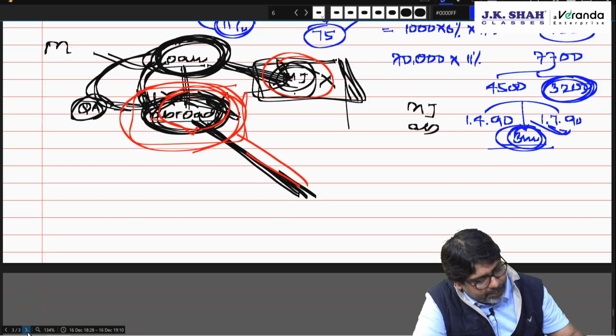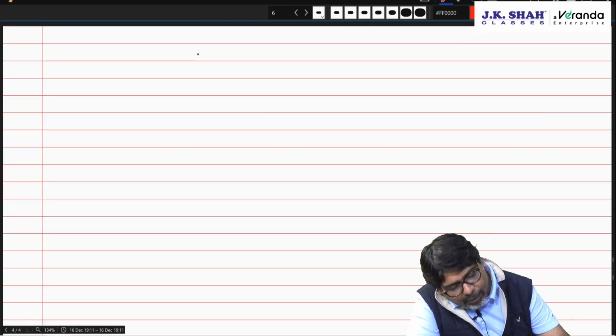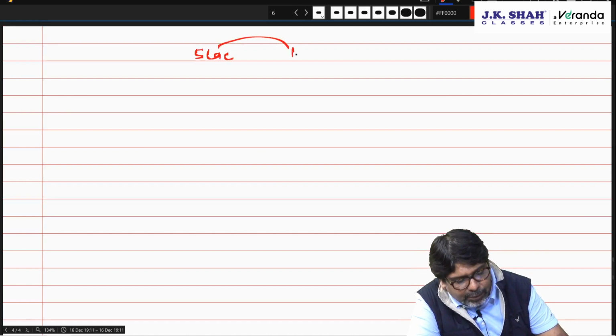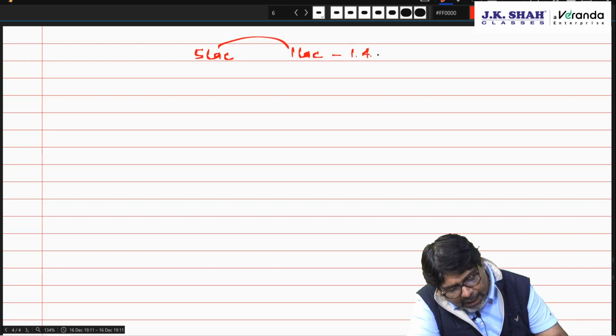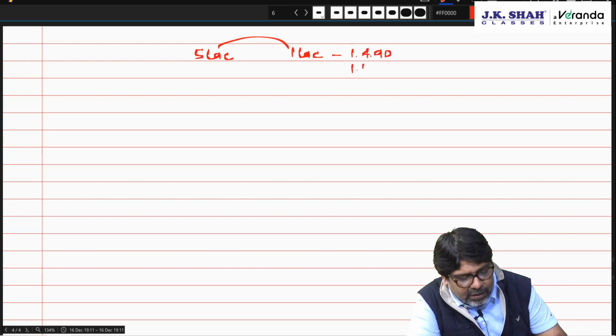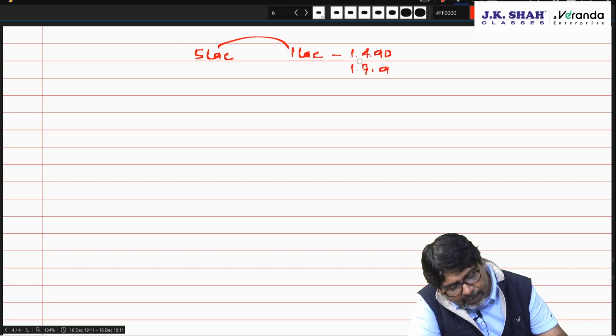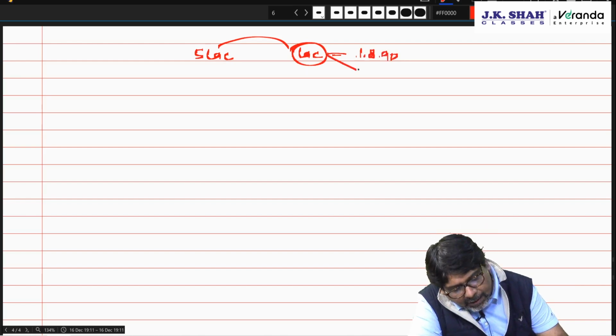Suppose you have taken a loan of 5 lakhs, specific borrowings. Out of this 5 lakhs, you used 1 lakh on 1/8/90.